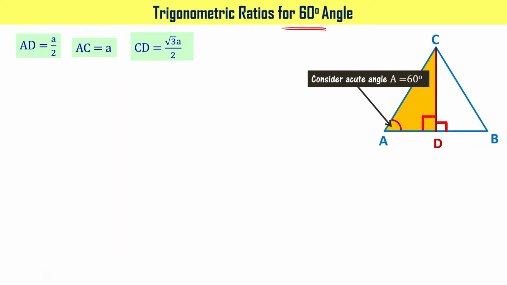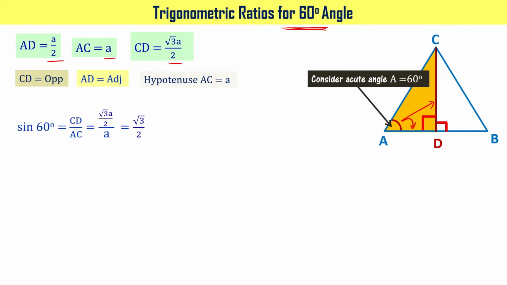Now, if you consider this, then CD is going to be opposite to this angle, right? And AD is going to be adjacent side to this angle, and AC is the hypotenuse of this particular right angle triangle, right? And we have lengths for all these sides. With the help of these lengths, we can find values of trigonometric ratios for 60 degrees angle, right?